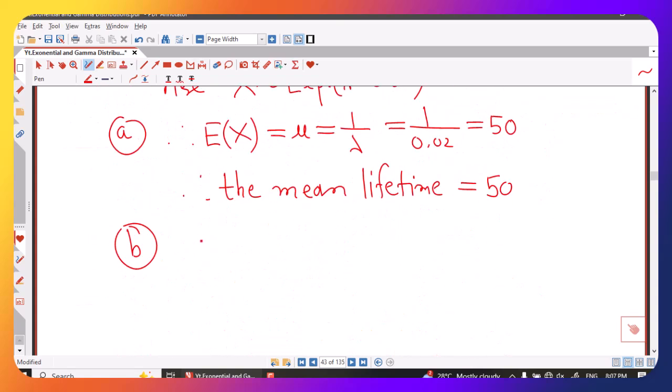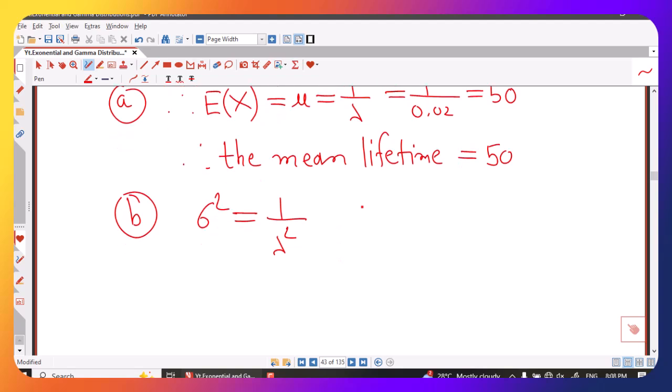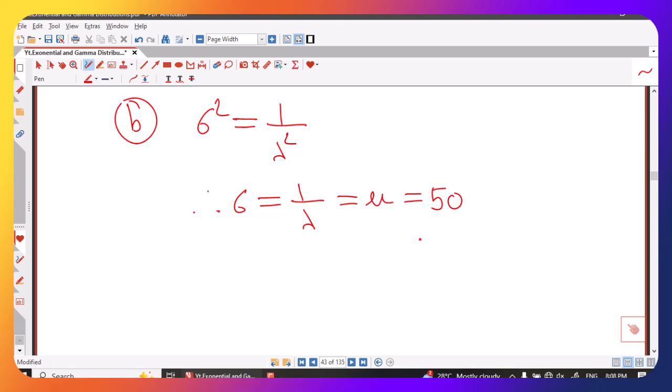Similarly, we know that the variance of exponential distribution is given by 1 divided by lambda square, and therefore the standard deviation is equal to 1 by lambda, and that is equal to the mean, which we have calculated. So for exponential distribution, mean and standard deviation are equal.